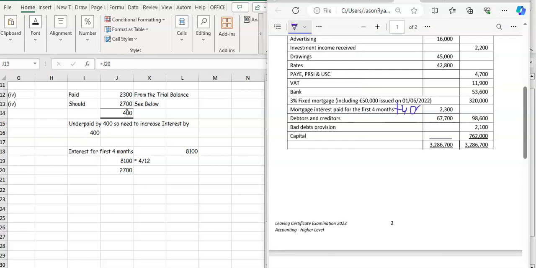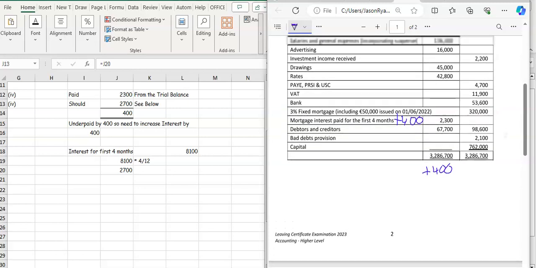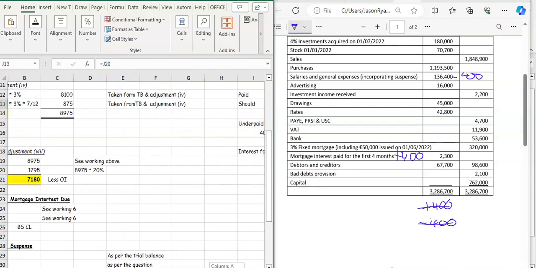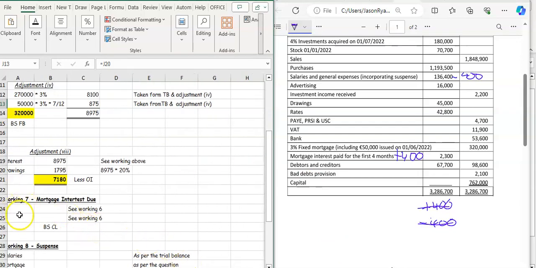So what I need to do is add 400 onto this 2,300. That means that my debit side is now higher than my credit side. So in my suspense, what I need to do is take 400 away from that figure. So if I take 400 away, now my debit side is down, so debits and credits are equal. And that means now I can calculate my mortgage interest.